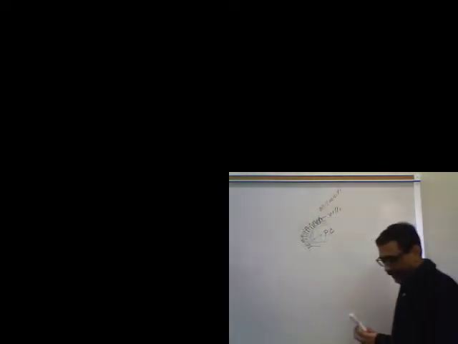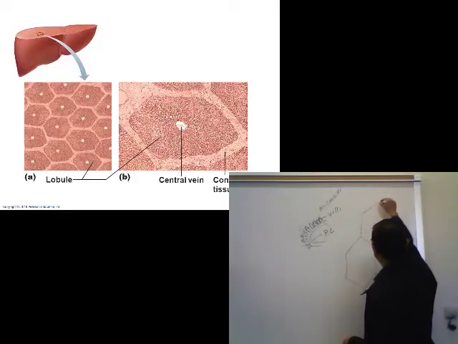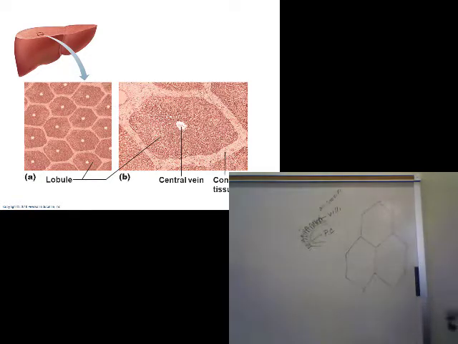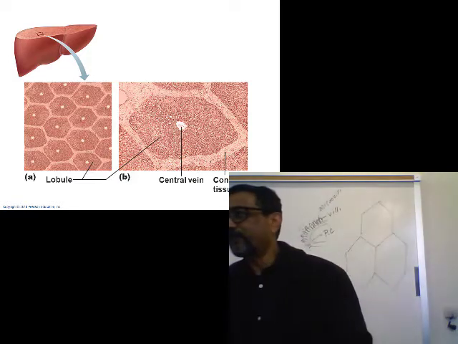Inside the liver, if you cut the liver and see the tissue under the microscope, it is beautifully organized. The tissue consists of many hexagonal structures. That means 6 angles. Hexagonal. And these are called liver lobules.